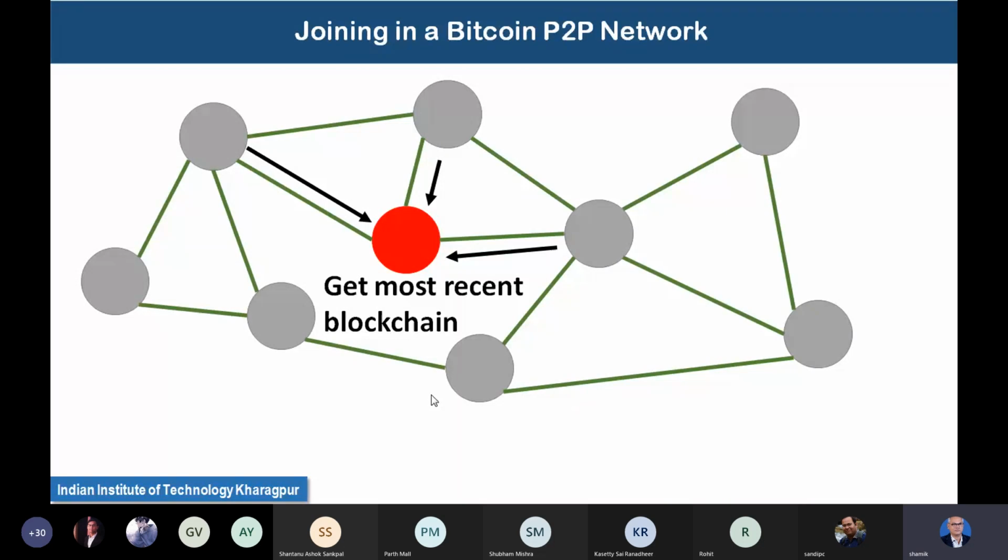Now, from these peer nodes, the newly joined node will get the most recent blockchain, that means all the blocks. Typically, we can consider that it will have all the blocks starting from block number 0, so it gets this entire chain.